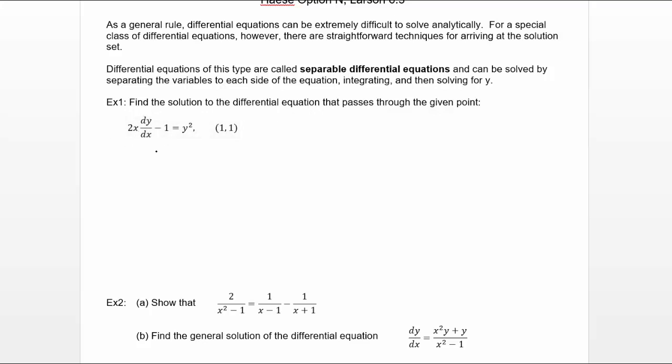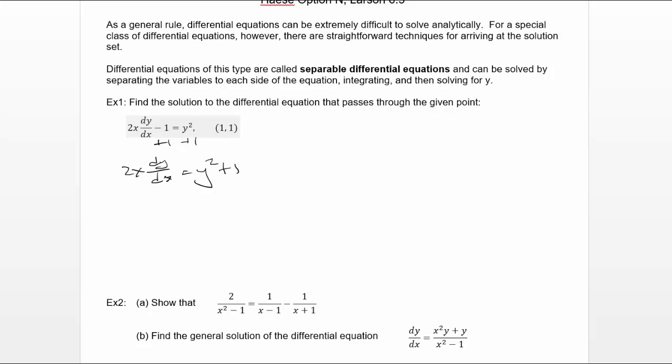So let's see, to do that, I'm going to add 1 to both sides of this equation. That gives me 2x times dy/dx, and that's y squared plus 1. And let's see.